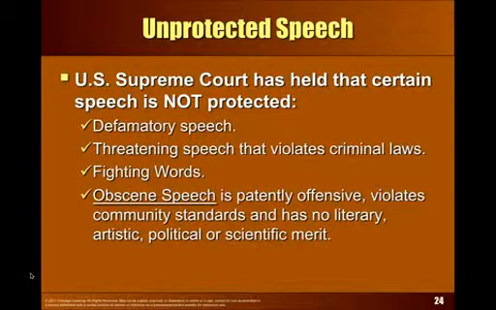What's defamatory speech? Defamatory speech is defaming or saying something about somebody that's not true and harming their good reputation. So if one of you said, I was convicted for embezzling a client's money, that would be very harmful to my occupation.